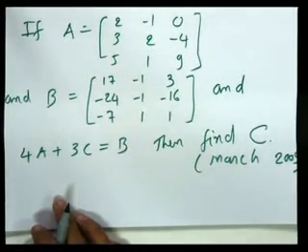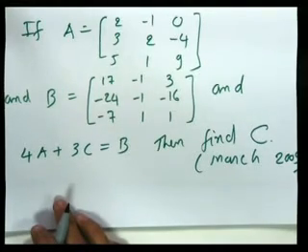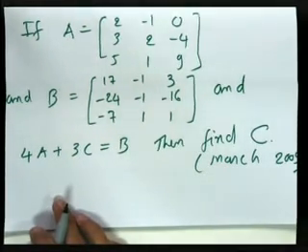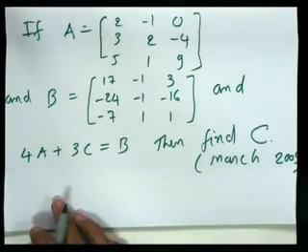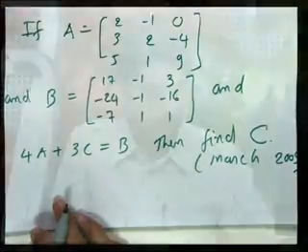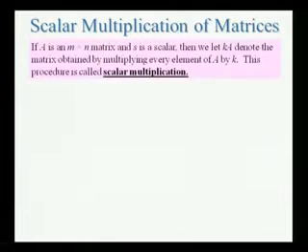Before we start this example, we should understand how to multiply a given matrix with a scalar. So we first need to understand the scalar multiplication of a matrix. Let us look at the PPT.